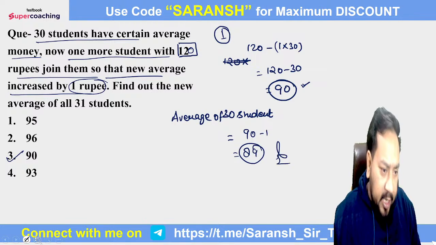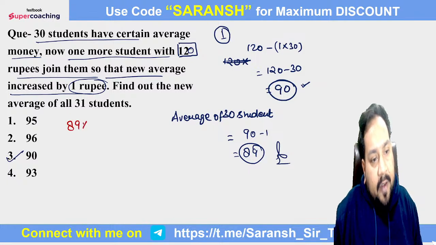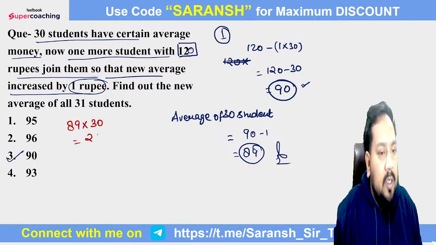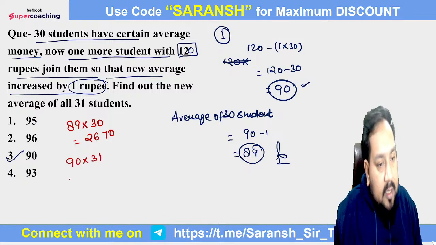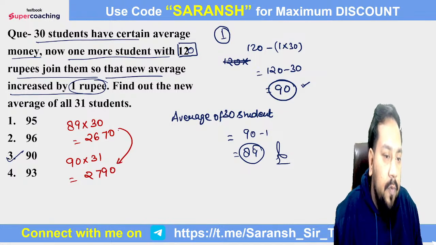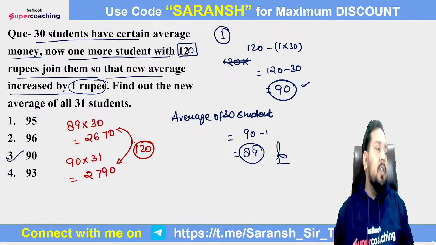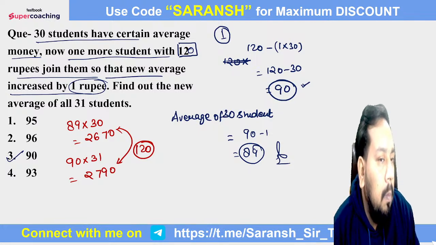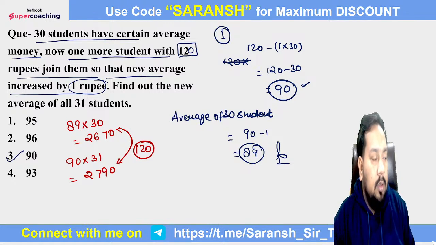And if you want to check, just check it out. 89 average for 30 students, that is 2670. 90 average for 31 students, that is 2790. The difference is 120, the difference of both. Now it is clear. Now you got that, Bhavna?